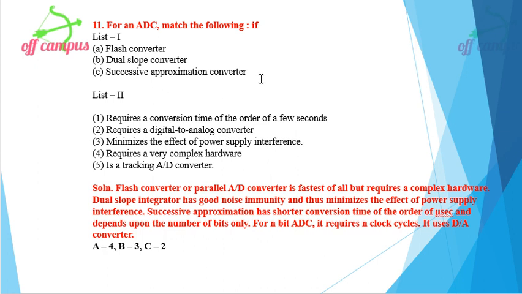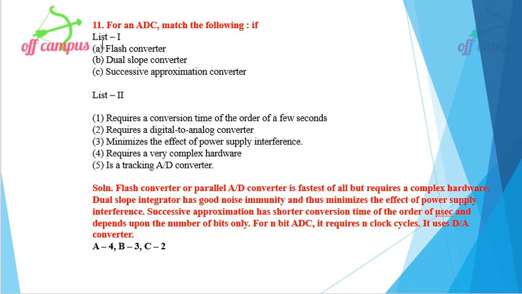Depending on the functionality, advantages or specifications, we need to match list 1 with list 2. I am just reading out list 2: requires a conversion time of the order of a few seconds; requires a digital to analog converter; minimizes the effect of power supply interference; requires a very complex hardware; is a tracking AD converter.